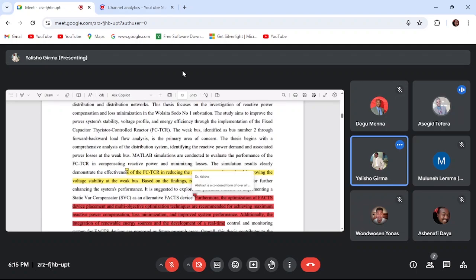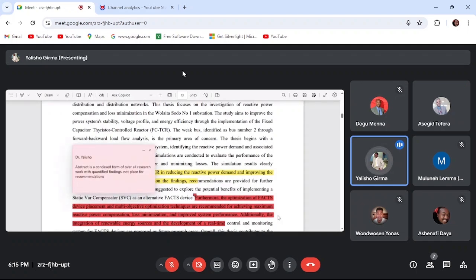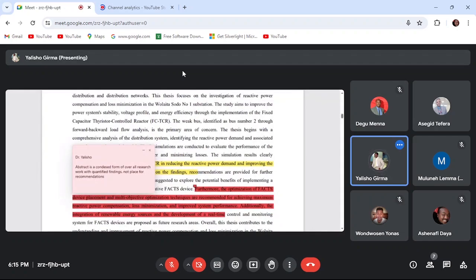And coming to your abstract part, which is the most important part of your research work, where somebody wants to see the major findings and results from your research work, you put some sentences which have no relation with the abstract.